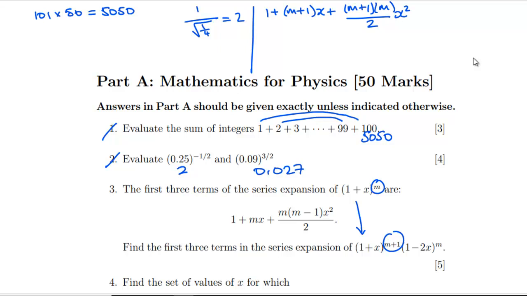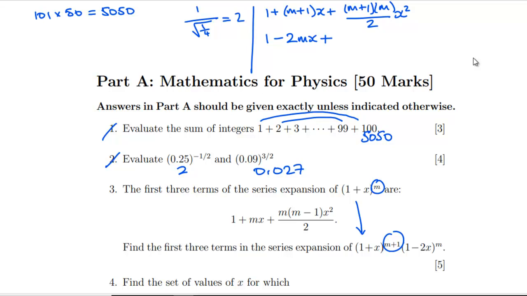So we don't need to obviously do any more than that because we're only looking at three terms when we multiply them together. The thing that's changed in this one is our x has gone to minus 2x. So we need to change those things around. So we're going to have 1 minus 2mx, because we're replacing the x with minus 2x. Then that'll end up being a plus, wouldn't it?